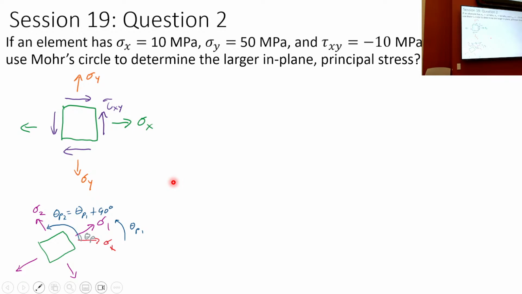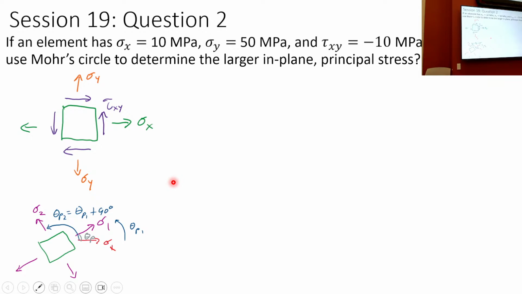Yeah, we have a negative shear stress, right? So where does that go? If you look at the circle, does it go above? Yeah, it's going to go above the horizontal axis. Good. Other thoughts on this?